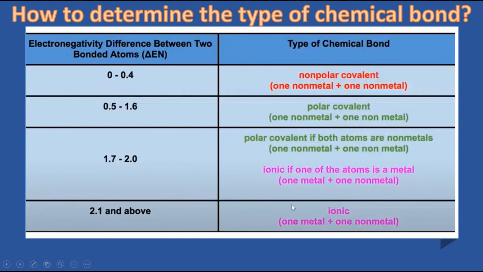Okay, and so on. This information is very important while predicting whether a compound has a polar covalent bond, non-polar covalent bond or ionic bond. So if you see here, ionic means the difference should be 2.1 and above, and it should have one metal and one non-metal.